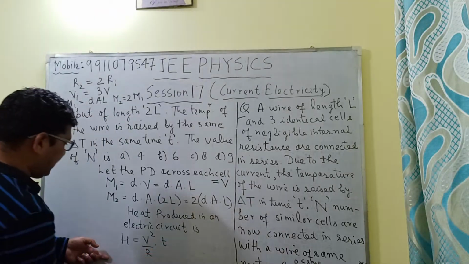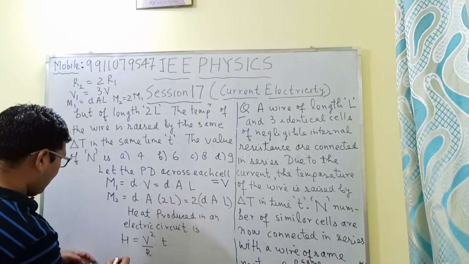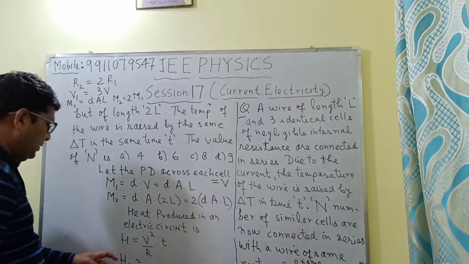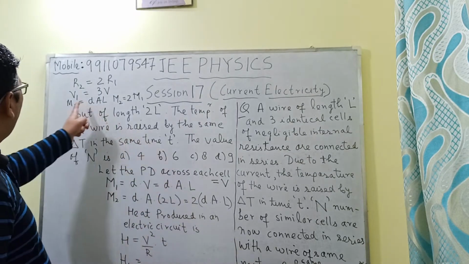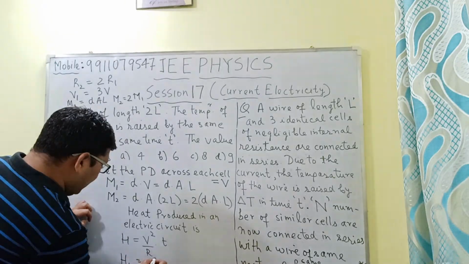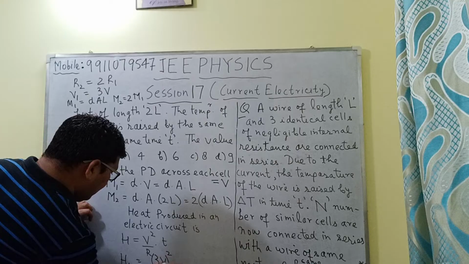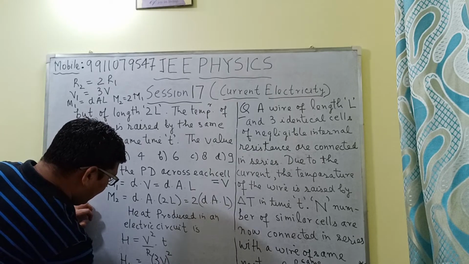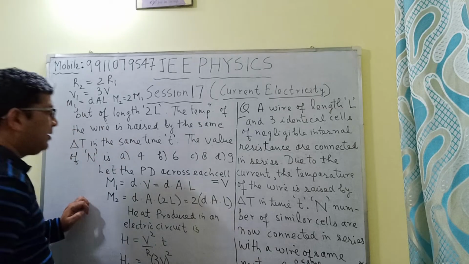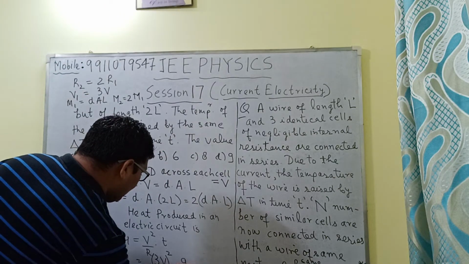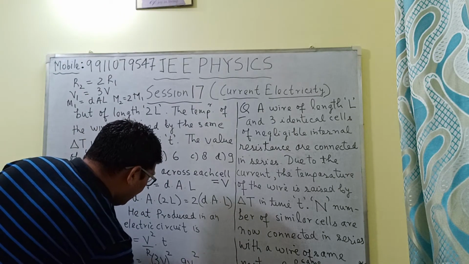So in the first case, the heat produced, let us say it is H1. In the first case, the effective potential difference was equal to 3 into V, so 3 into V whole square divided by R1, where R1 is the resistance of the wire in the first case, which we have taken. So this is equal to 9V square upon R1.